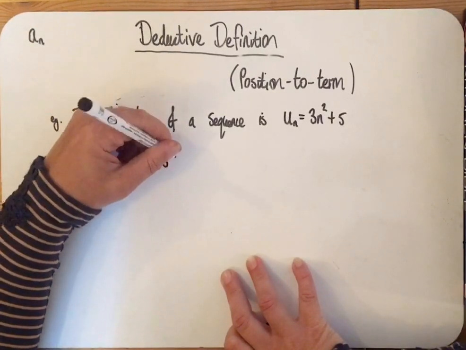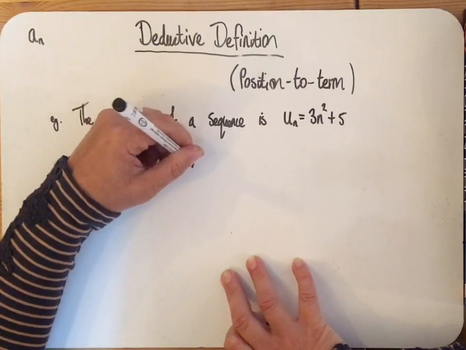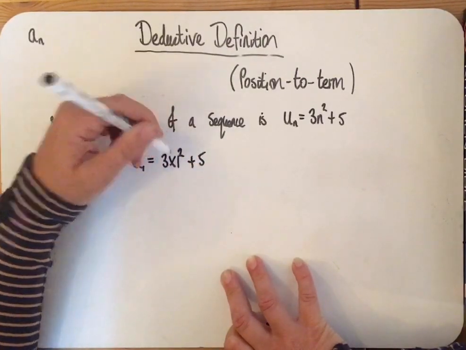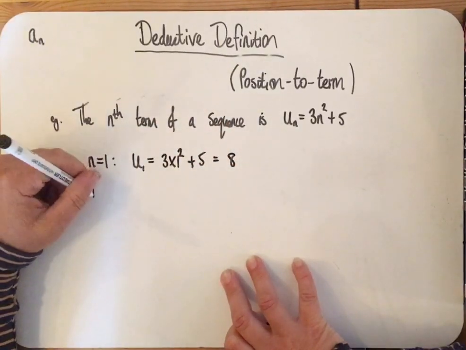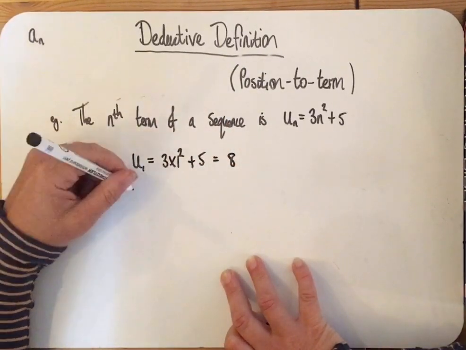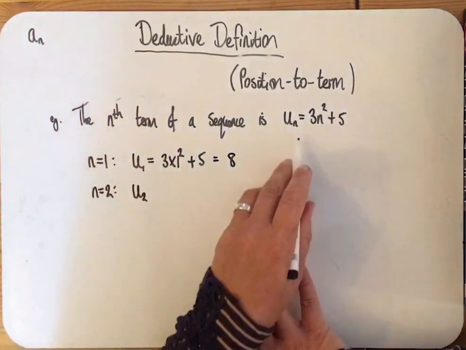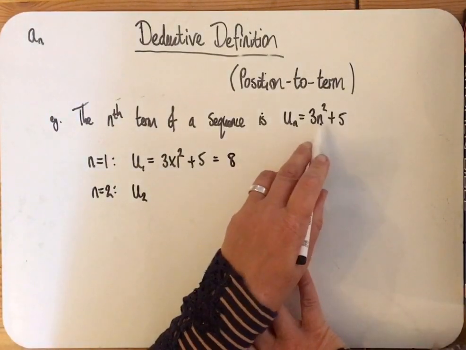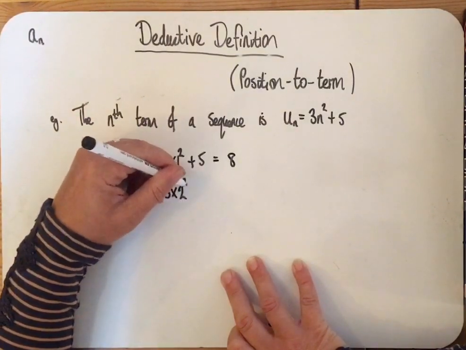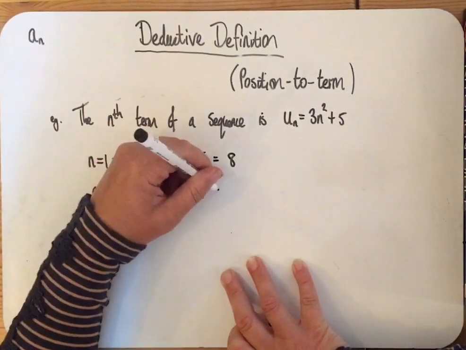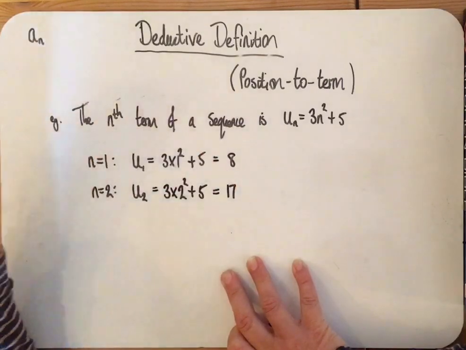So you let n equal 1 to get your first term. I'll only do 1 or 2 of these so carefully. 1 squared, 1 times 3 is 3, plus 5 is 8. And then when n equals 2, you get your second term. So I'm substituting in here for n and here. And so on.